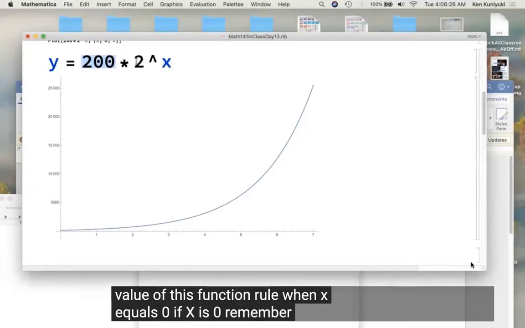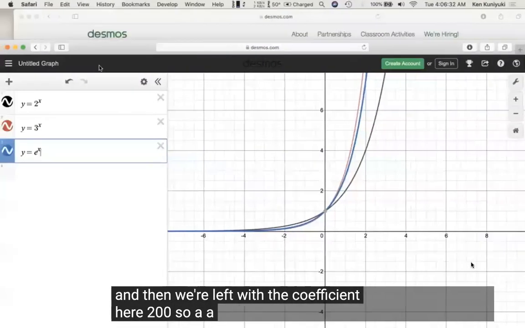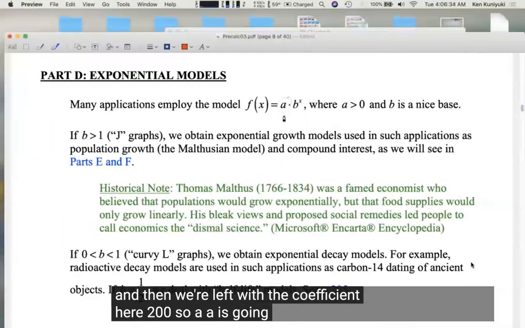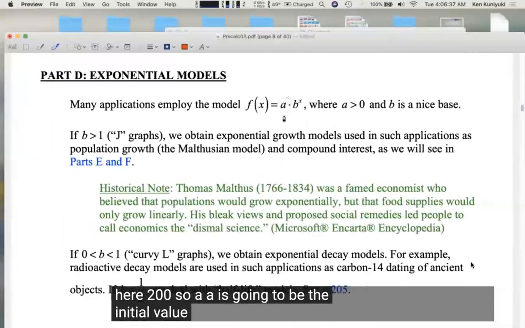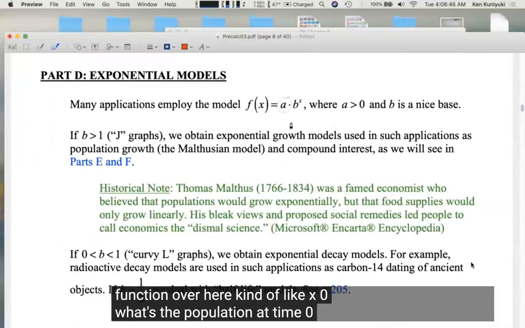If x is 0, this is 1, and then we're left with the coefficient, 200. So A is the initial value of the function, kind of like time 0. What's the population at time 0?